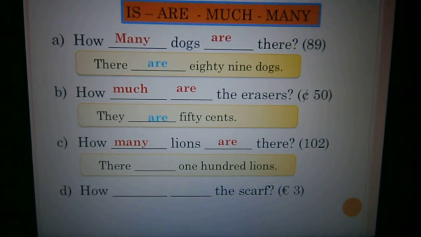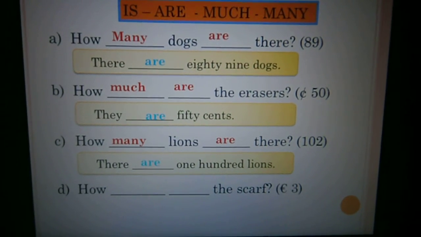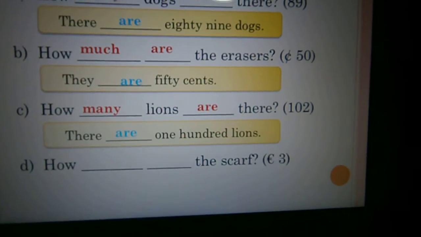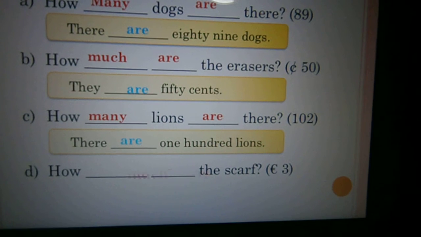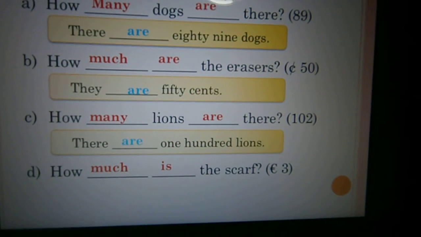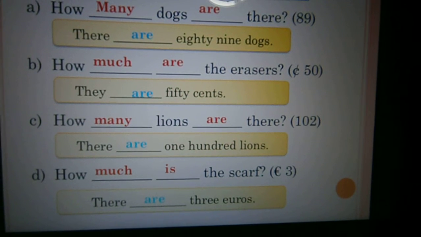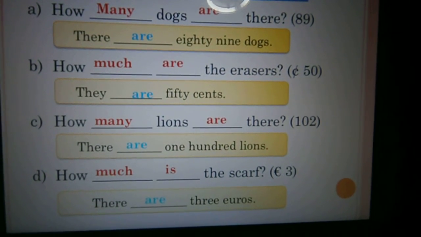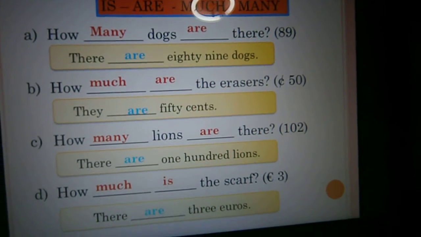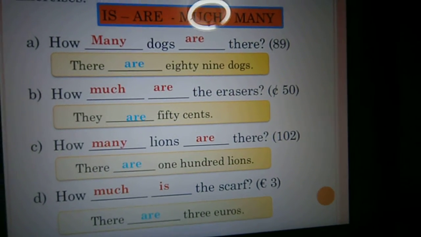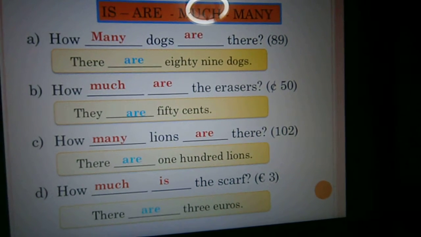There are 100 lions. And what about letter D? How much is the scarf? It is 3 euros. And here you have, as you can see, a review for the topics and the use of how much and how many.